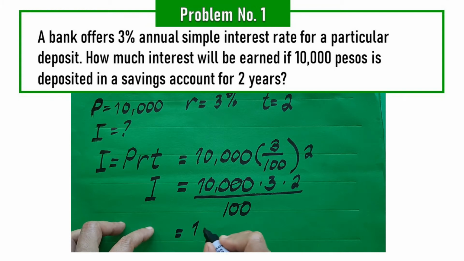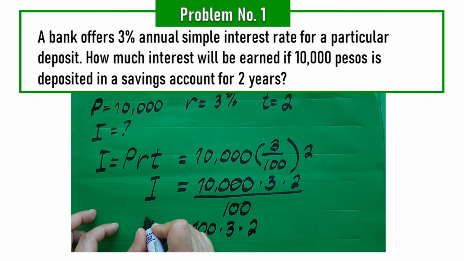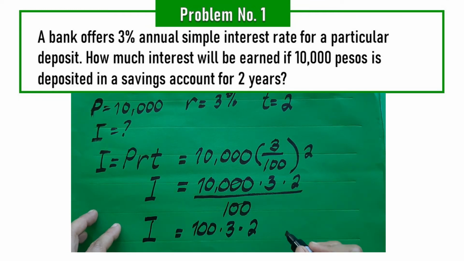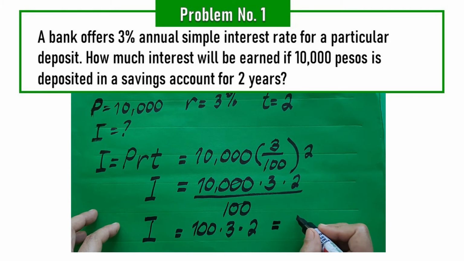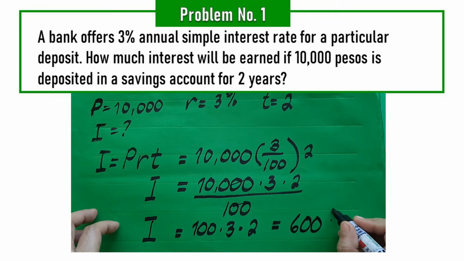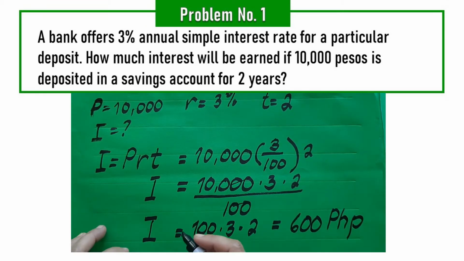So, we have 100 times 3 times 2. Ito na ngayon yung interest natin. So, what is our interest? We have 600 pesos at the end of 2 years.